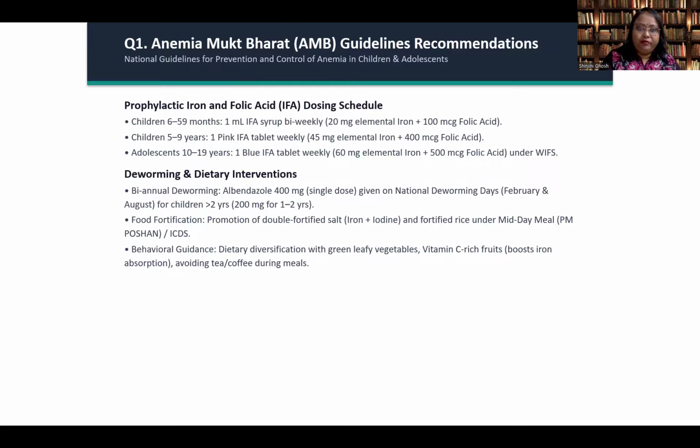So be very careful in the dosage. This dose you have to write properly, go through it, and then deworming and dietary interventions you have to do. Biannual deworming, food fortification, that is PM portion, and behavioral guidance.